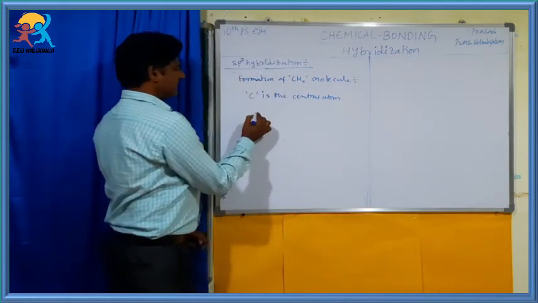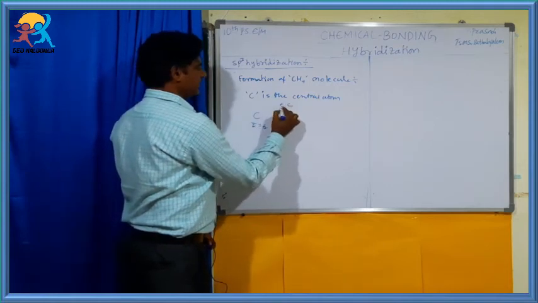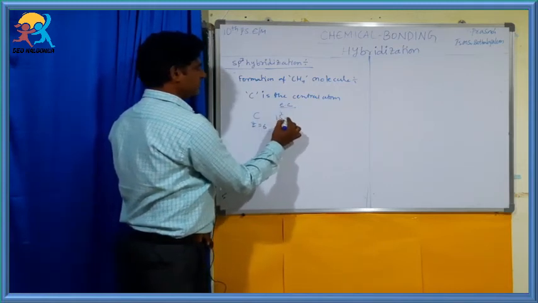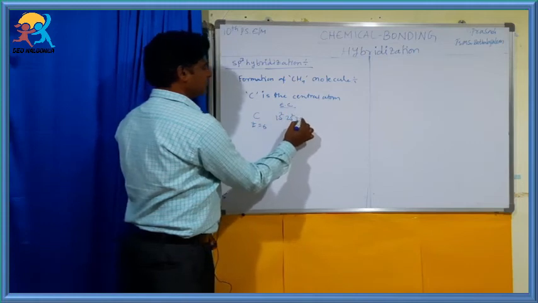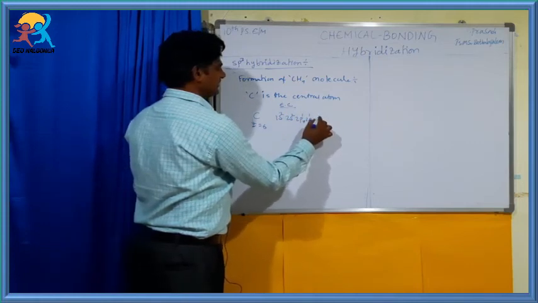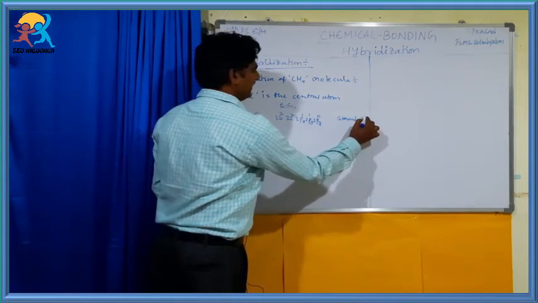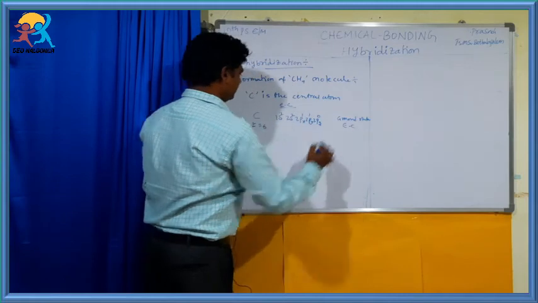So its atomic number is 6. Its electronic configuration is 1s2, 2s2, 2px1, 2py1, 2pz0. It is also called ground state electronic configuration.